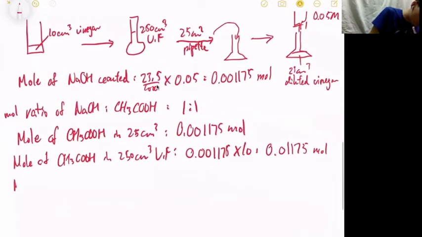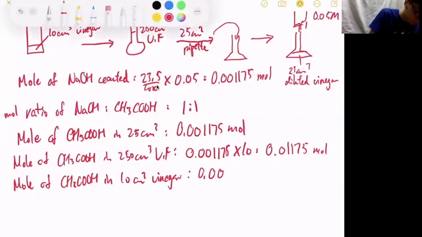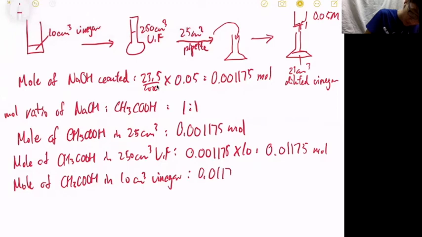So the number of moles of ethanoic acid in 10 cm cube of vinegar will also equal 0.01175 mole.